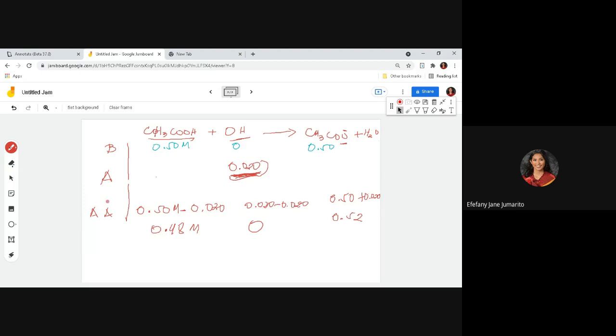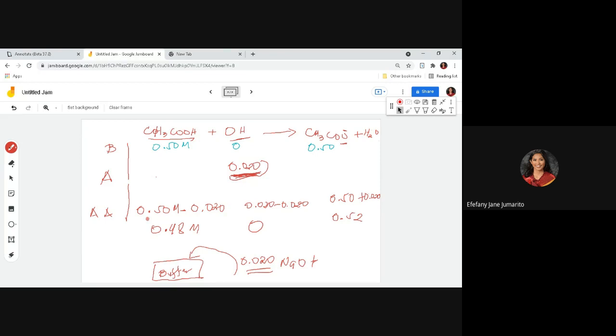Now, you add 0.020. Your buffer, then you add more, 0.020. The OH, since it's a base, will react with your acid.